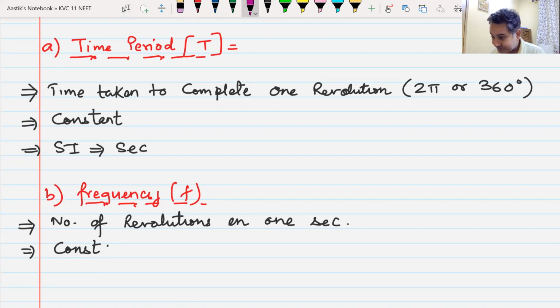Anyone knows that relation? Time period is 1 by F. Have we seen this relation ever? Time period is the inverse of frequency.